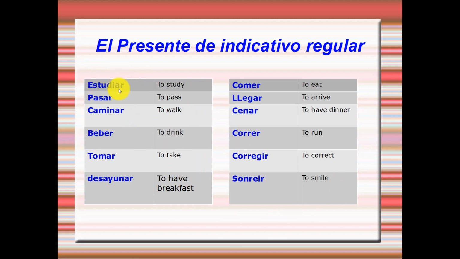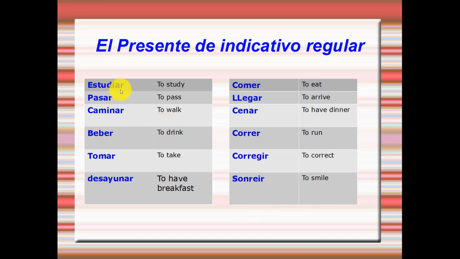So you have estudiar, to study, pasar, to pass, caminar, to walk, beber, to drink, tomar, to take, desayunar, to have breakfast, comer, to eat, llegar, to arrive, cenar, to have dinner, correr, to run, corregir, to correct, sonreír, to smile.